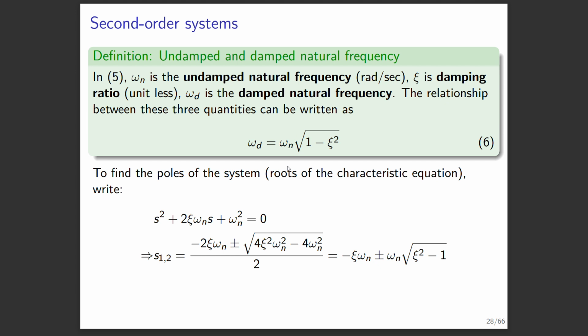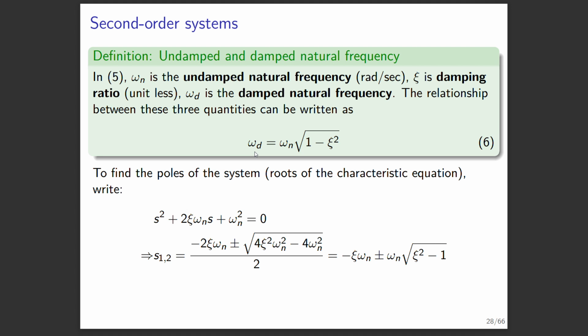But you do have damping, so the actual frequency of oscillations is not that. It's this, the damped natural frequency. If you plot the response of the system, this is what you're going to measure.